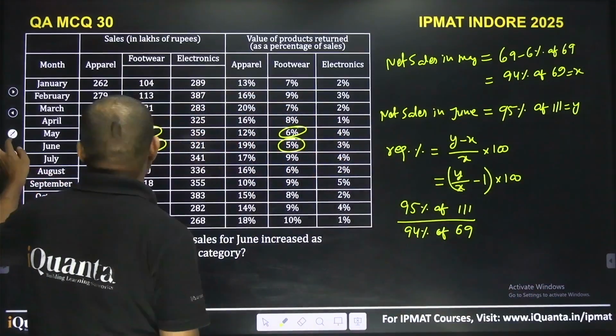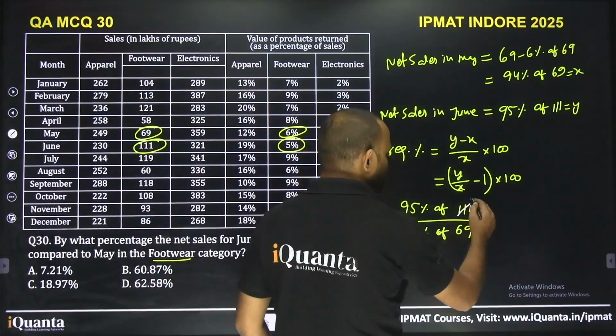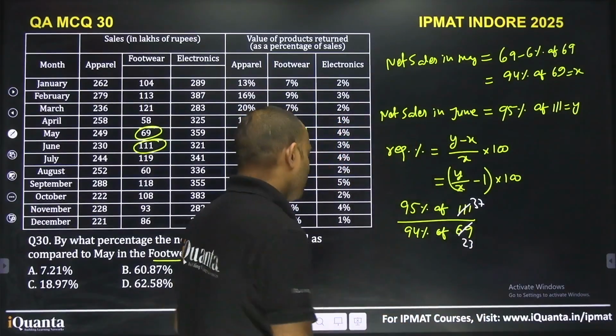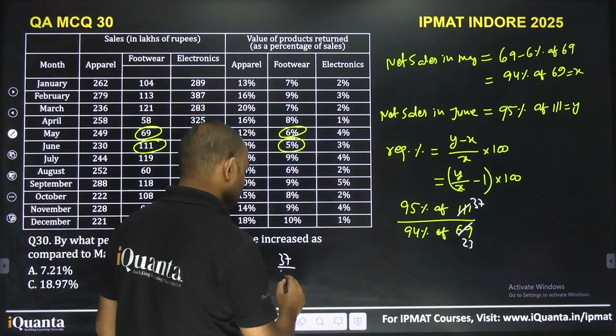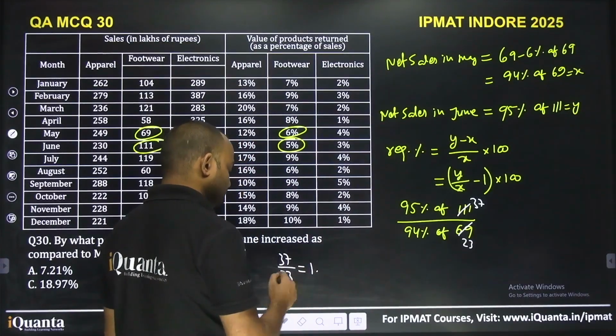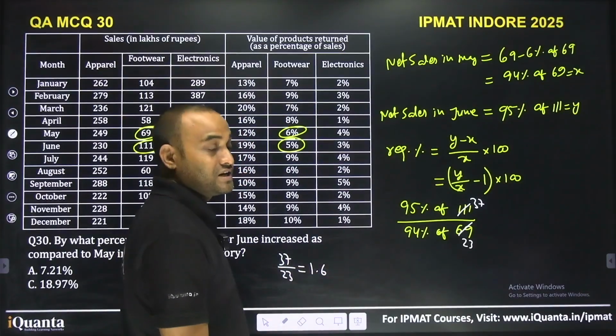In that case, this is nothing but 37 and this is nothing but 23. Now what is 37 upon 23? 37 upon 23 is equal to 1, and then what's left is 14, so 140. 6 times 23 is 138.